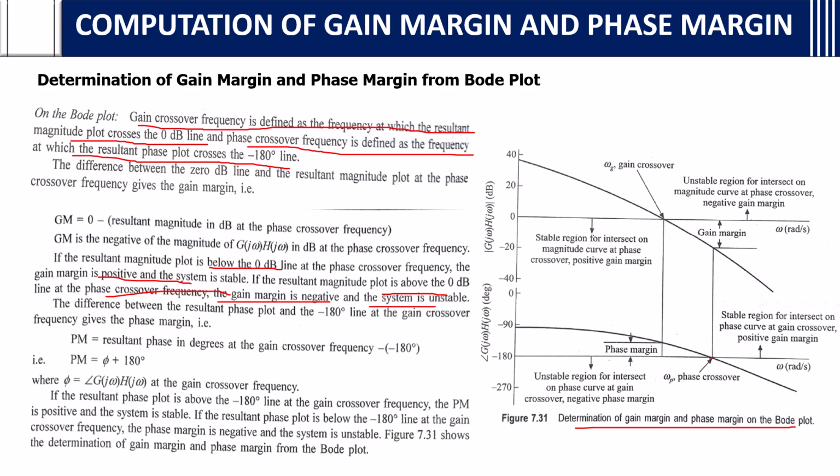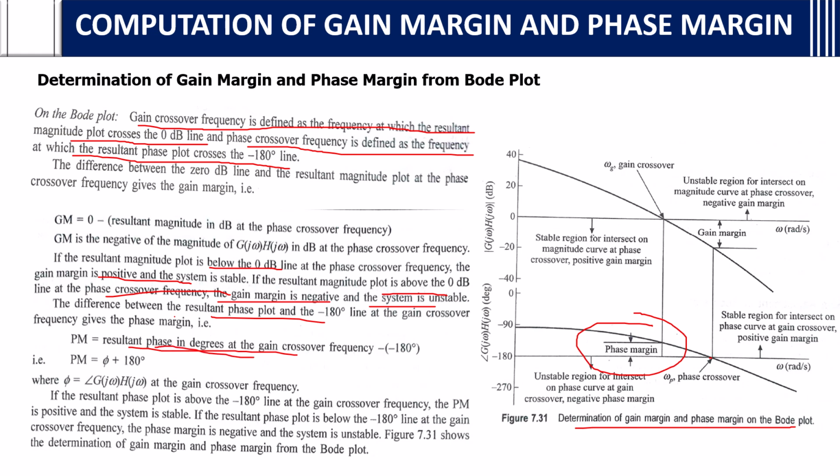Then the difference between the resultant phase plot and the minus 180 degree line at the gain crossover frequency gives the phase margin. How do you find the phase margin here? Phase margin is the resultant phase in degrees at the gain crossover frequency minus of minus 180.